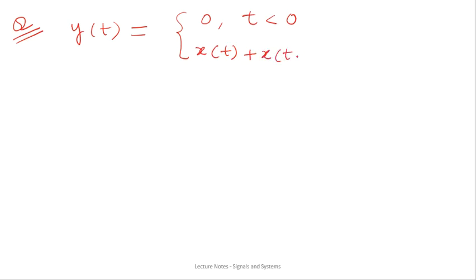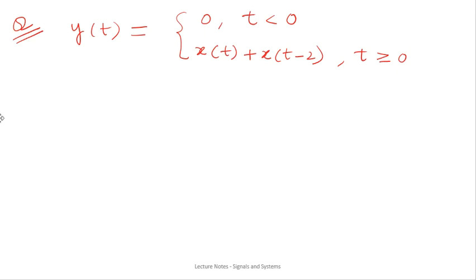Let us suppose this problem: y(t) equals 0 for t less than 0, and it is x(t) plus x(t minus 2) for t greater than or equal to 0. So this is the input output relationship for a system.